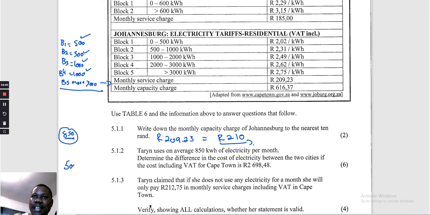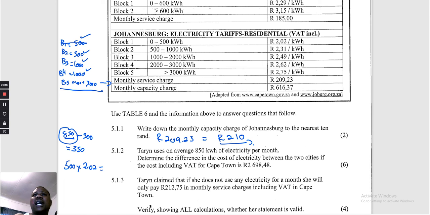If 500 can fit, then we take 500 and multiply by 2,02. Then we come back to 850 and subtract 500, because 500 have been charged in block number 1. How many units are we left with to be charged? We are left with 350.